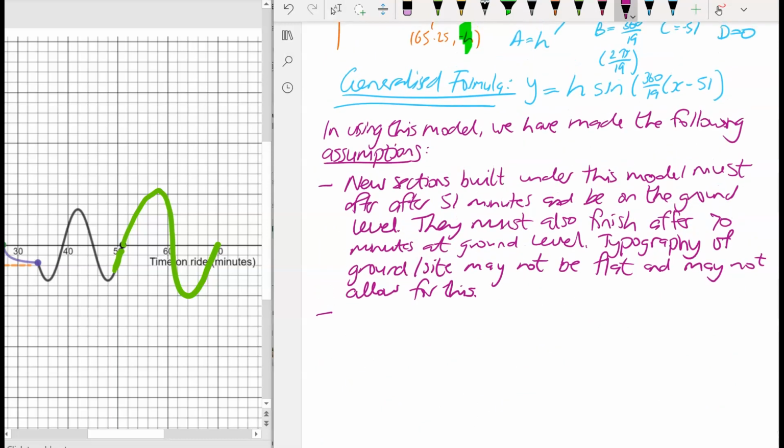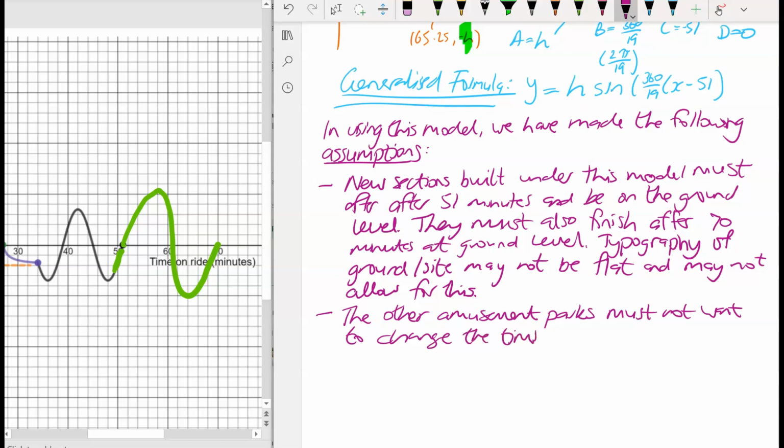So we're assuming the other amusement parks must not want to change the timing of the maximum.